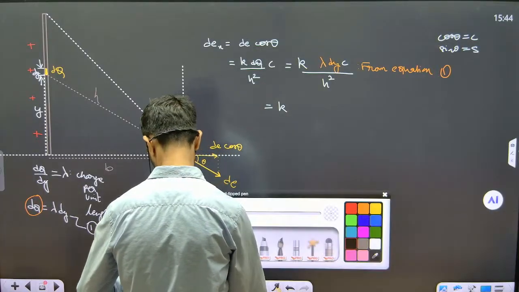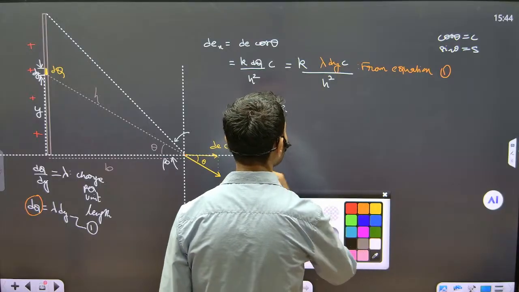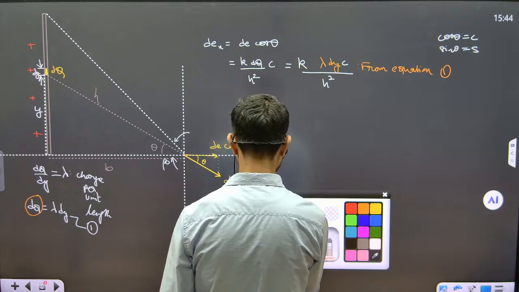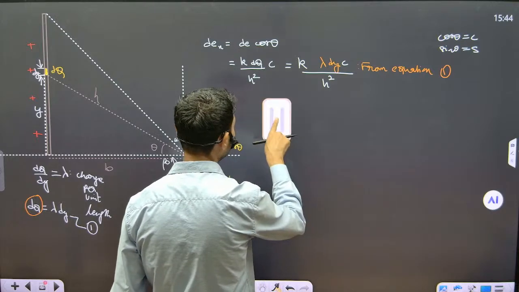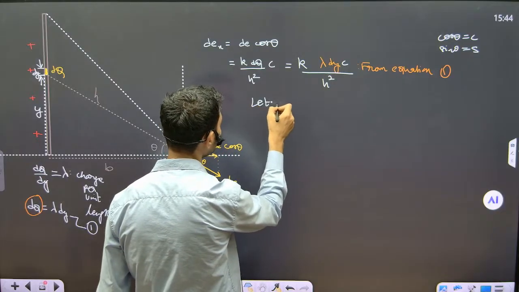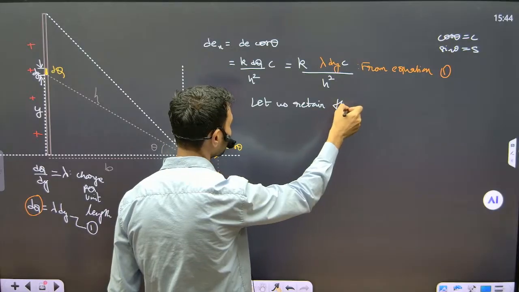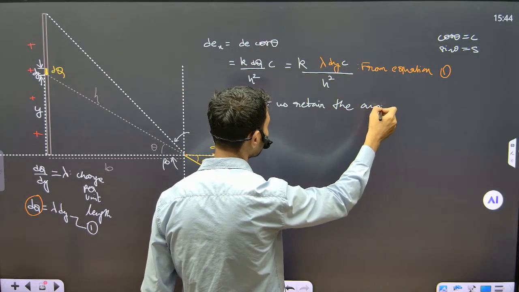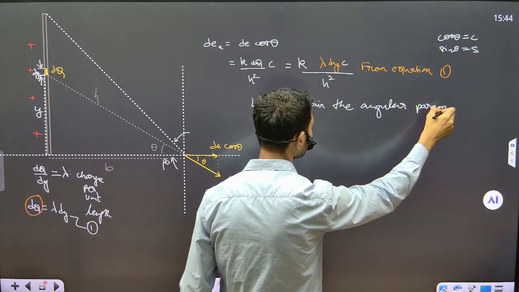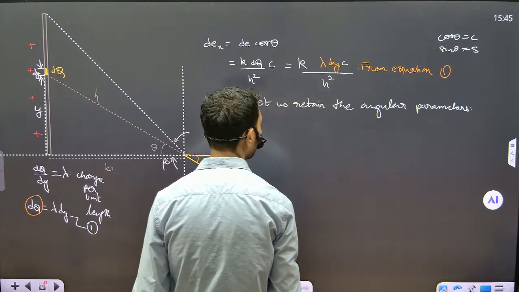So we have come till here, right? From equation 1 we have got this. Now as I was saying, let us retain the angular parameters.